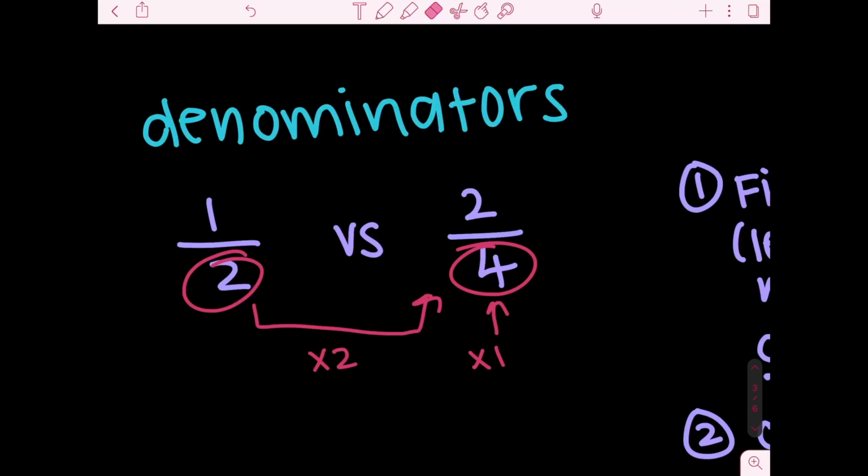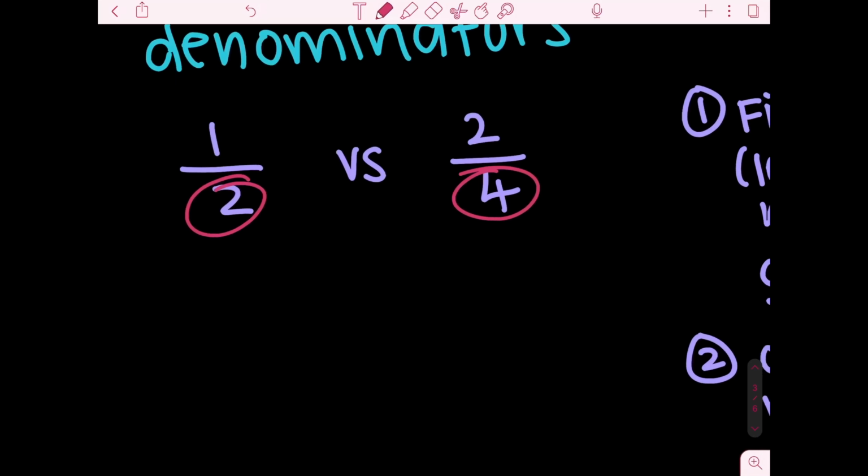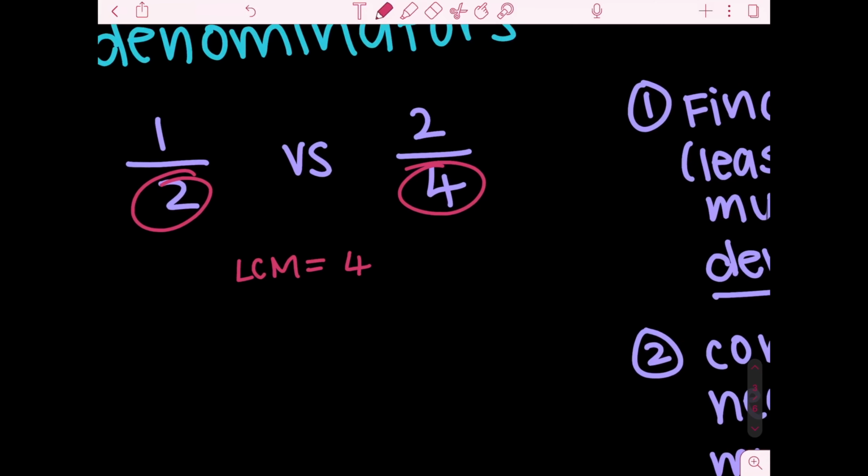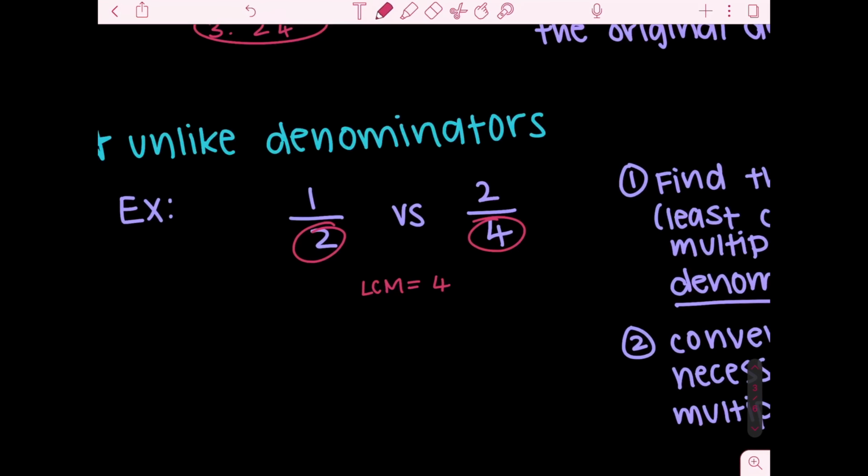So obviously, our LCM here is going to be 4. So we've established that our LCM is 4. Now what we're going to try to do is convert 1/2 into a fraction with denominator 4. We don't know what our numerator is, but we know that our denominator has to be 4.